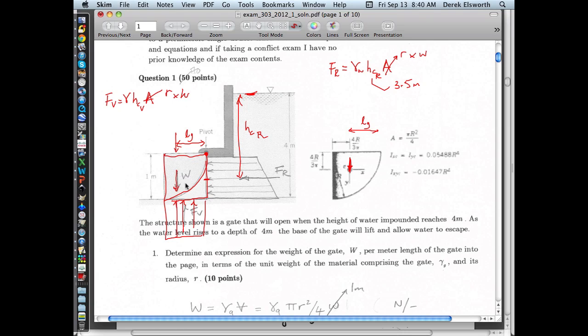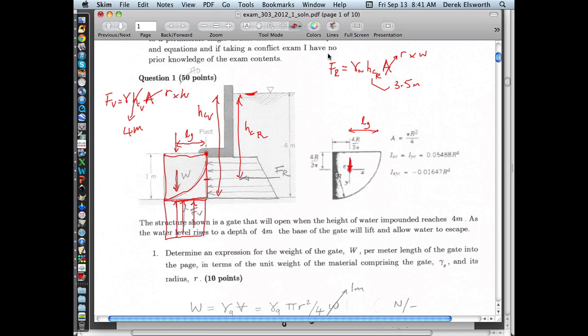The depth of the centroid on this plate, this is the plate. Halfway along, it happens to be in the middle. It could be anywhere, you know it has to be in the plate, but it happens to be in the middle. So the depth of the centroid here is going to be equal to H_C vertical. So this is equal to 4 meters in this particular case.